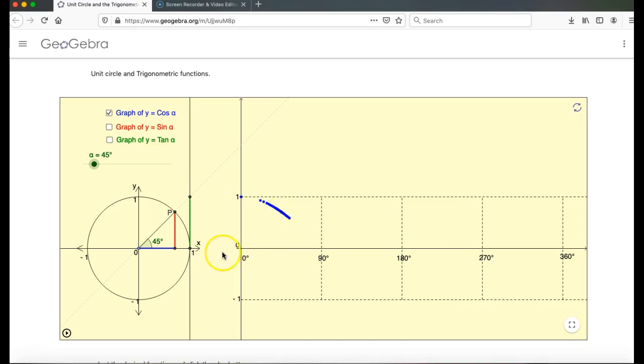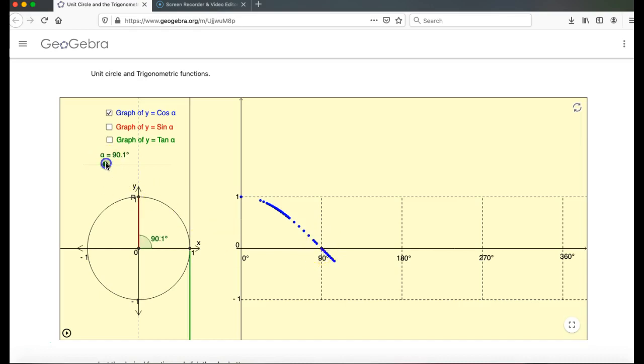Now we're plotting cosine against the angles, so this is just the cos values or just the x values, and these are just the angles. Keep on going around. By the time I get up to 90 degrees, up here, we remember at 90 degrees that our value for cosine is actually 0 because x is 0. So this is our value for cosine right there at 90 degrees is 0.